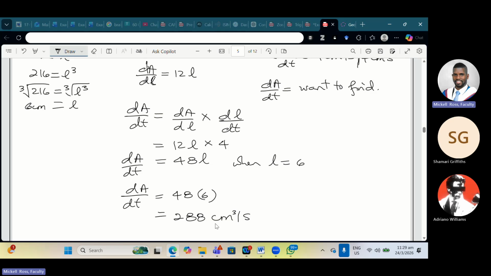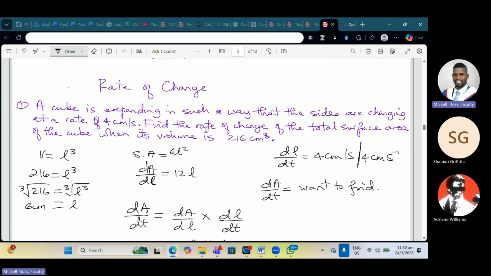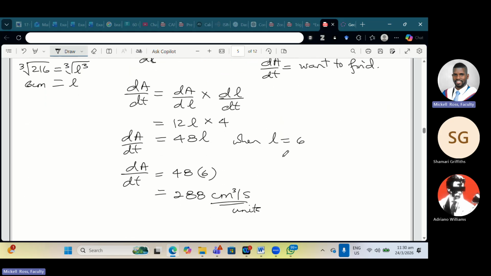Why is it we have these units right there? This unit is there because of this language here: find the rate of change. My apologies, you notice what I write? I write cube, but it's area, so it must be squared. This is how fast the area is changing over time.